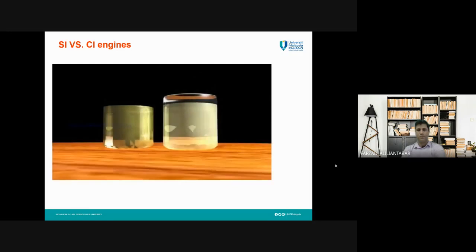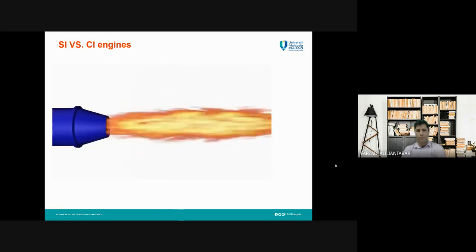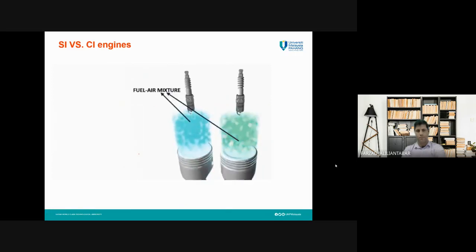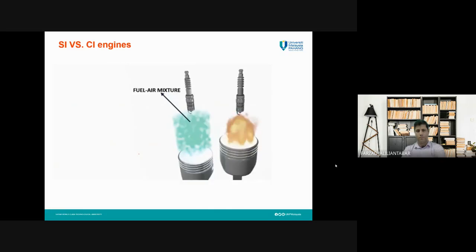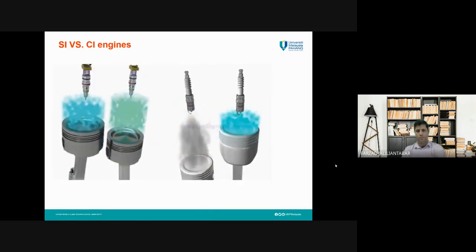On the other hand, diesel does not properly mix with air. However, if atomized diesel is sprayed into high-temperature air, spontaneous combustion will occur. This means that in gasoline engines, the fuel and air should be premixed, while in diesel engines, mixing happens only during the combustion.